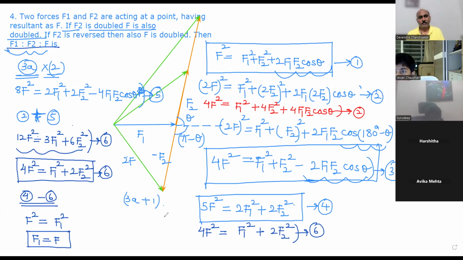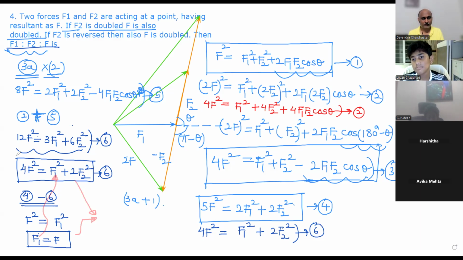So we got the first value. Now substituting this value of f1 in any of the equations you have here. In any of the equations I am saying. इस f1 की value को यहाँ substitute कर दो. What do you get? You get f here, right? So from here, I substituted it here, and then what I'm getting here is, just pay attention, beta.